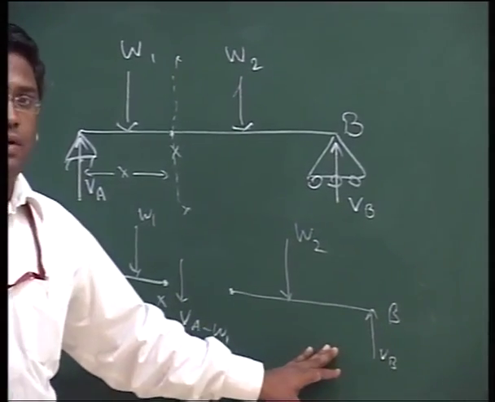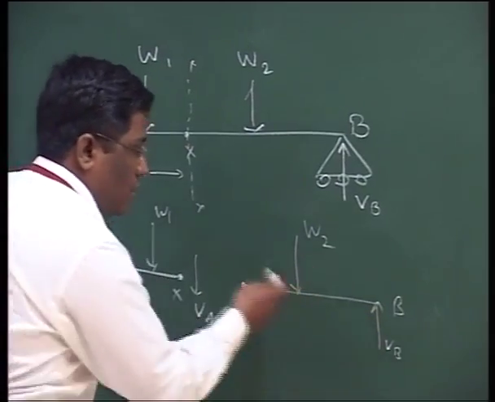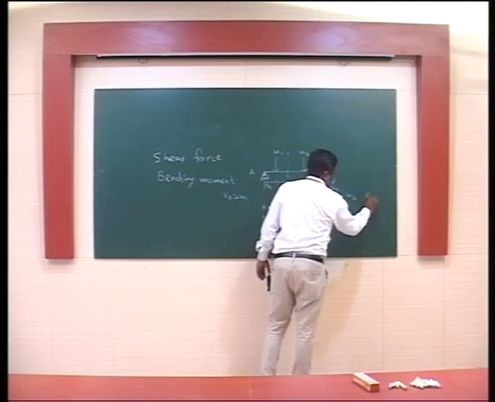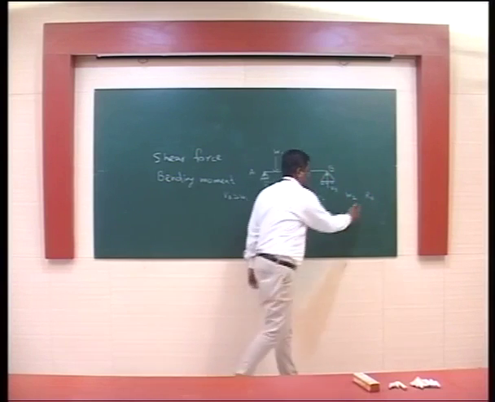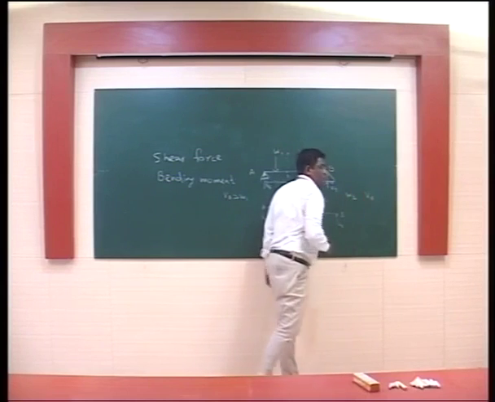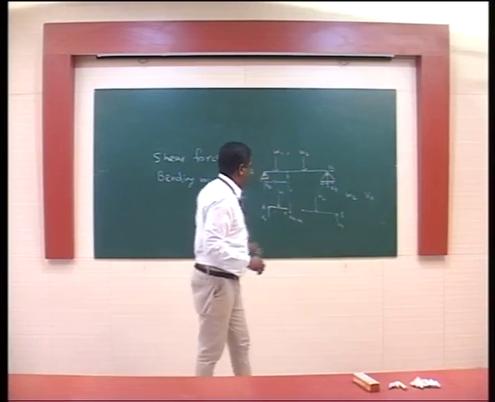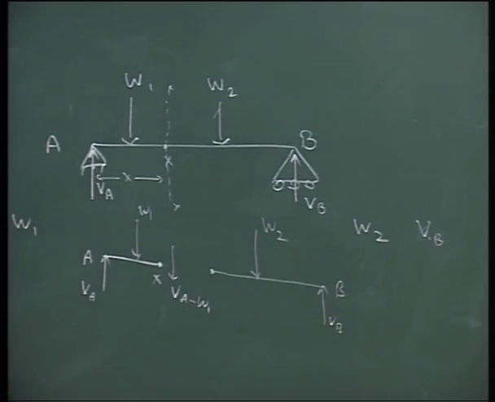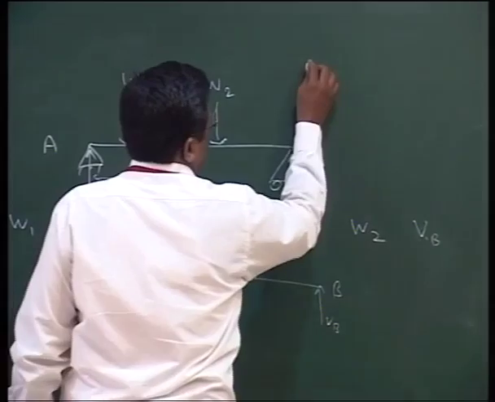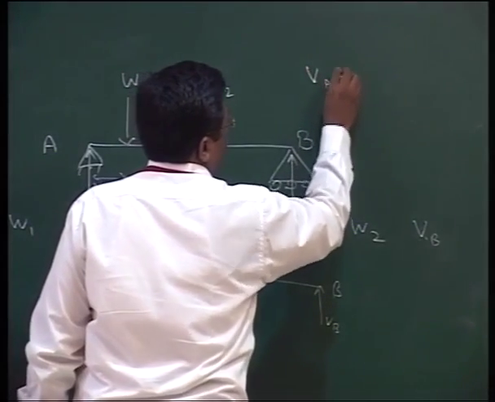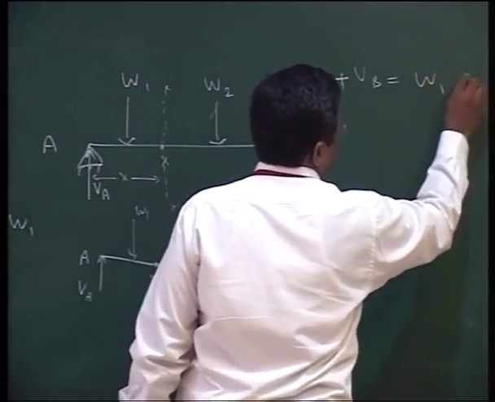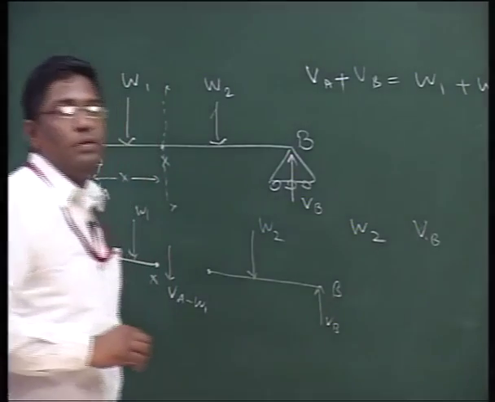Now this particular part is having two components once again. The first component is W1 and the second one is the vertical reaction at B. Now as we talk about this whole beam, and as we talked about sigma V is equal to 0, that means all the vertical forces sum to 0, we could have deduced one equation, and the equation says that VA plus VB must be equal to W1 plus W2.